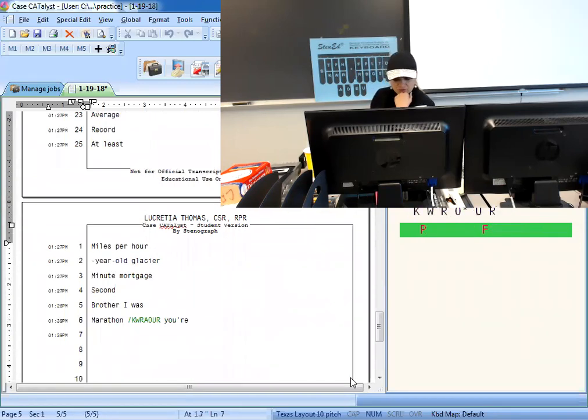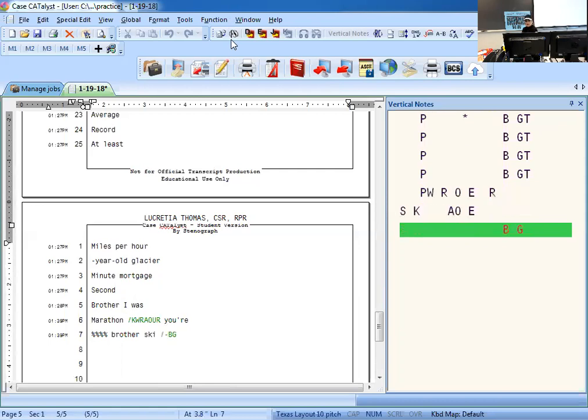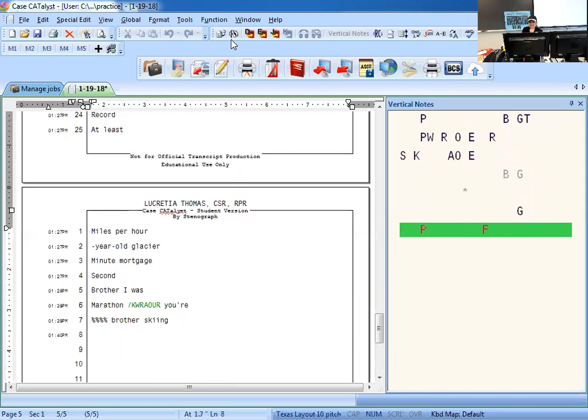Remember the percent sign is P-K-T, initial P, final K-T. Brother is B-R-O-E-R. Skiing, ski is S-K long E, come back G.